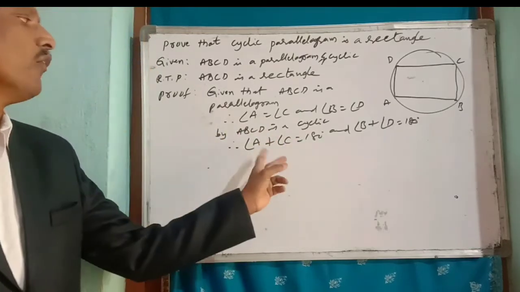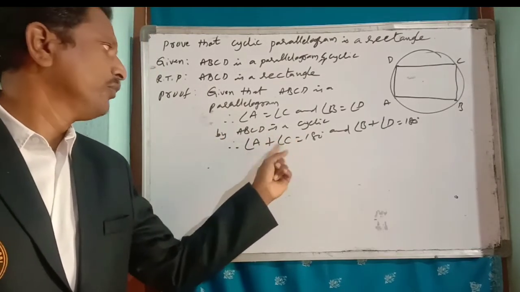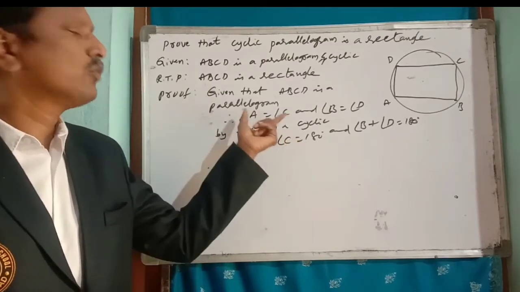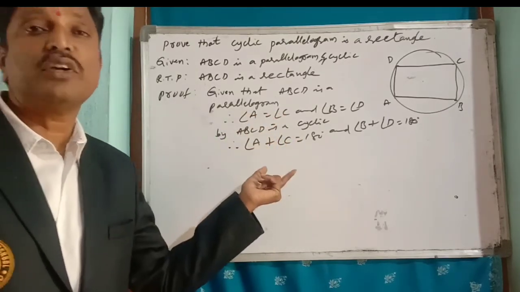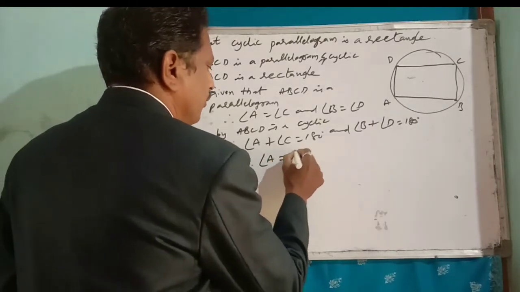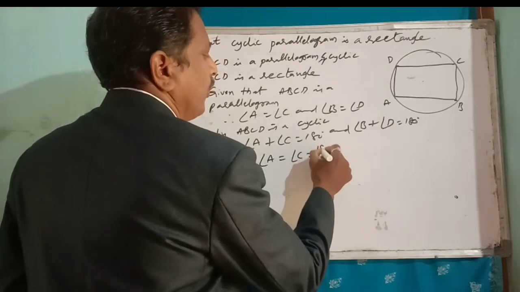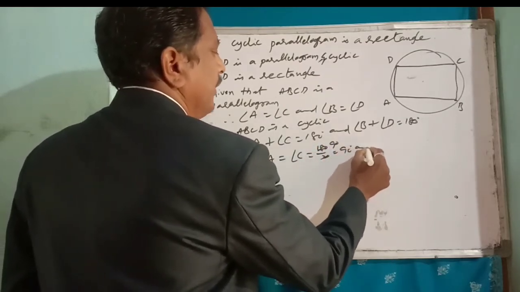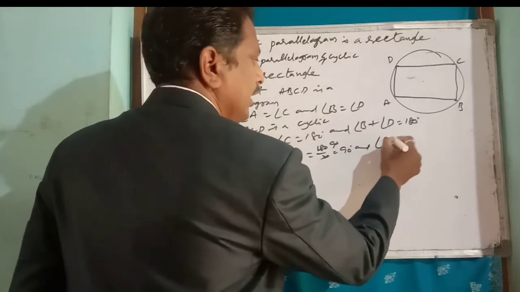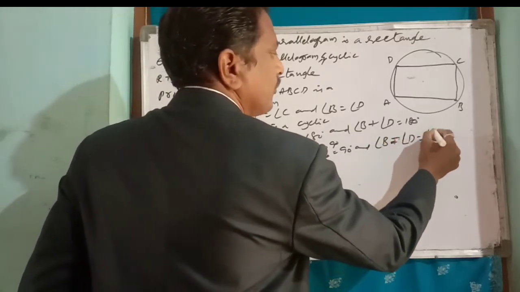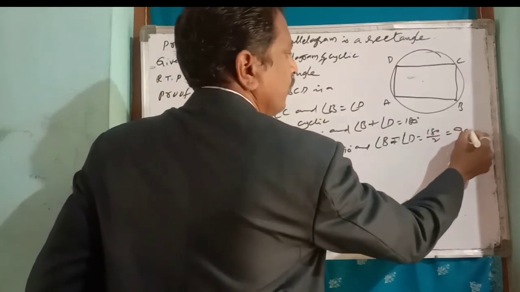Then you guess what is each angle? Those two angles sum to 180 degrees and are also equal, so each angle is how much? Therefore angle A equals angle C equals 180 by 2, 90 degrees, and angle B equals angle D equals 180 by 2, which is 90 degrees.